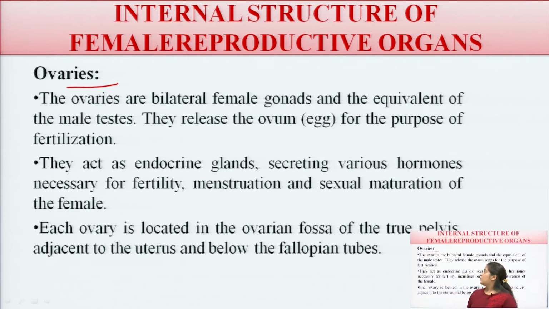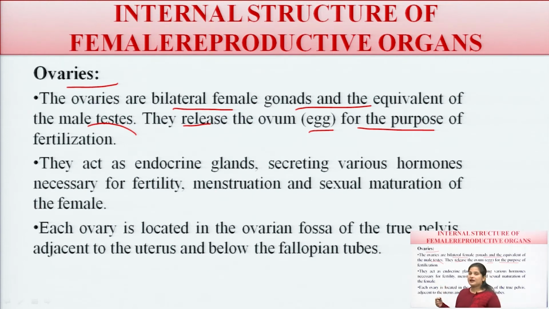The ovaries are bilateral, meaning there are two ovaries, on the left and the right side. Ovaries are bilateral female gonads and the equivalent of the male testis. They release the ovum for the purpose of fertilization.